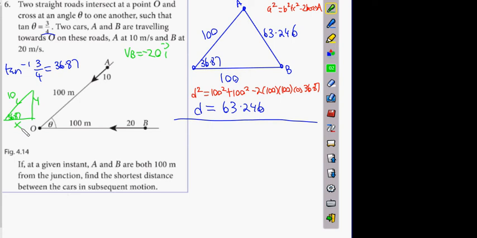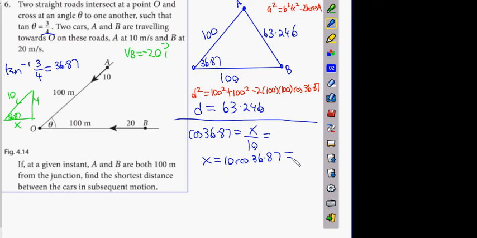So cos 36.87, it's the same thing as using the triangle ratios. Cos 36.87 equals x over 10. Will somebody tell me what x equals, 10 cos 36.87?